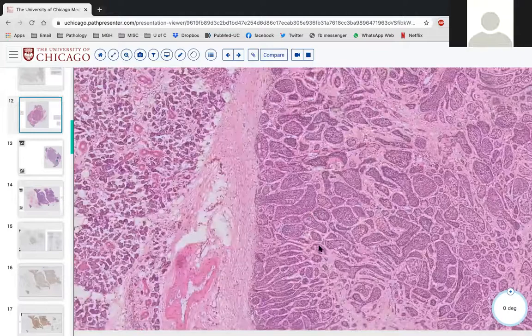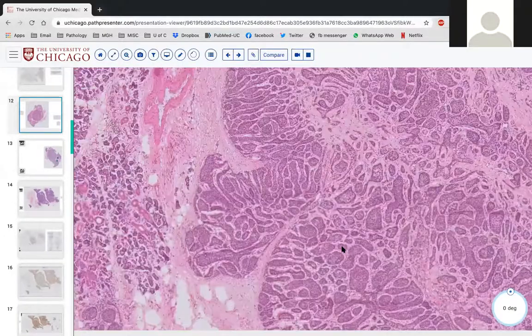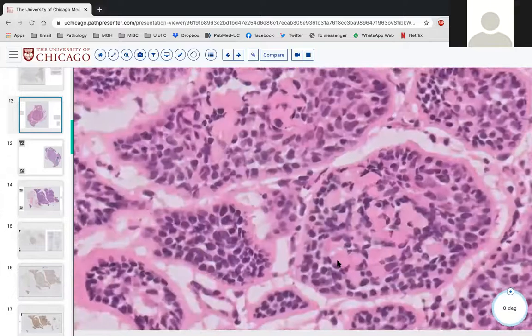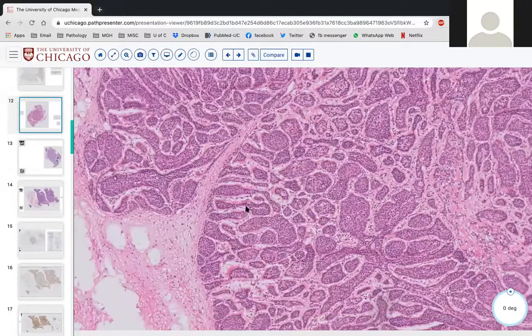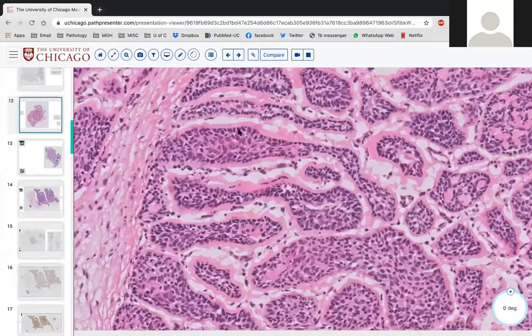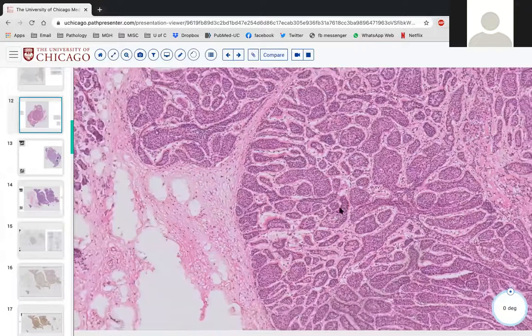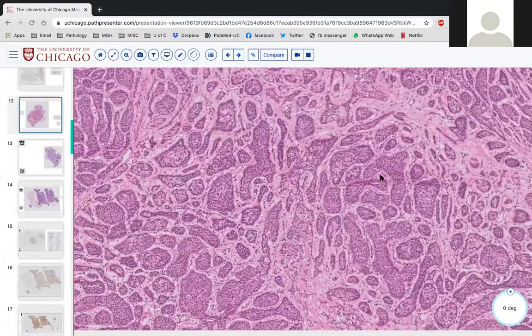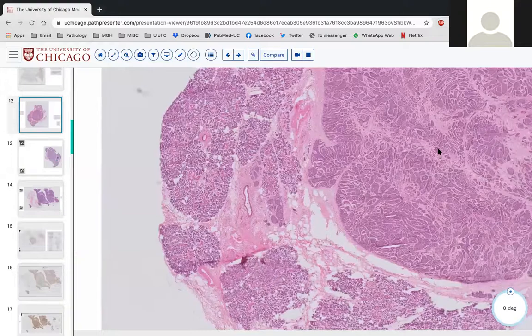And I'm seeing very prominent eosinophilic material within lumina. Kind of peripheral tumor cell palisading. I didn't see any mitotic activity, and there is no necrosis. So I'm thinking about basal cell adenoma.